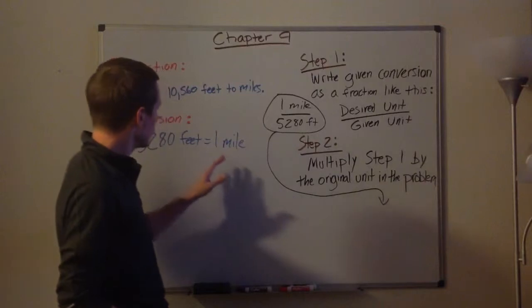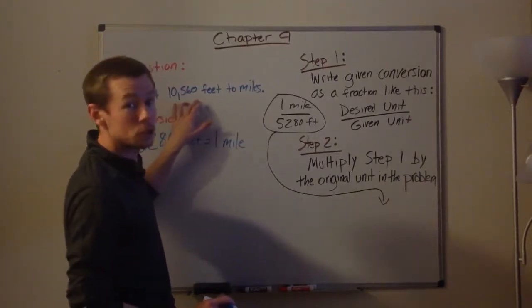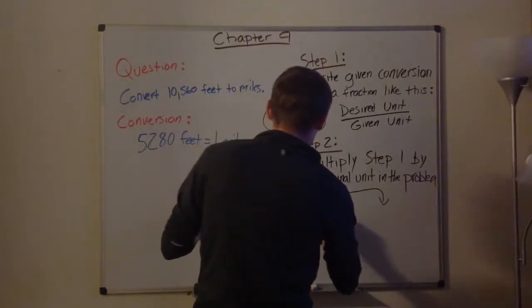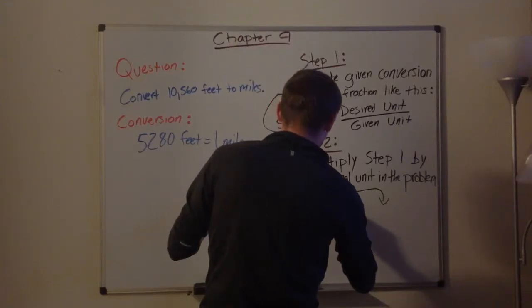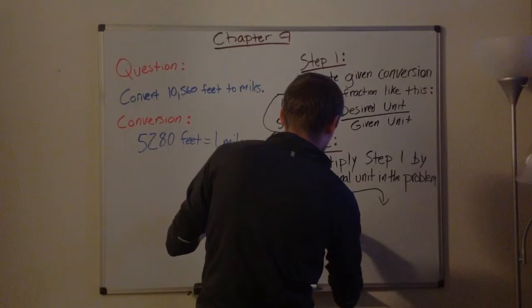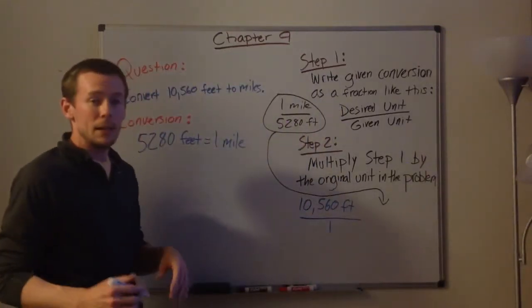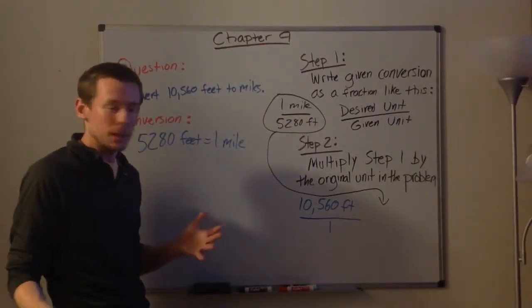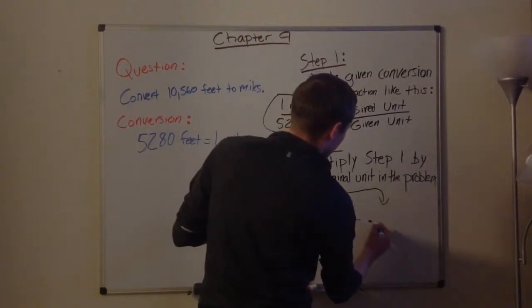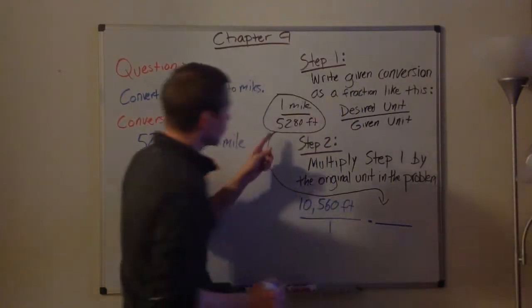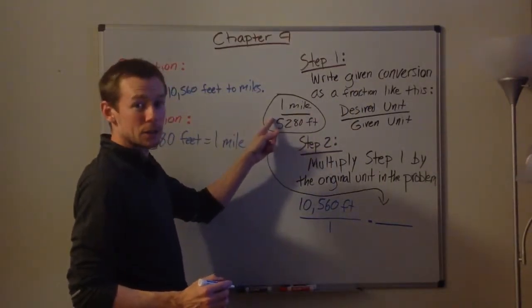So now what I'm going to do is take my original unit, 10,560 feet, and place it over 1 to help me line things up. And then multiply it by this fraction right here.